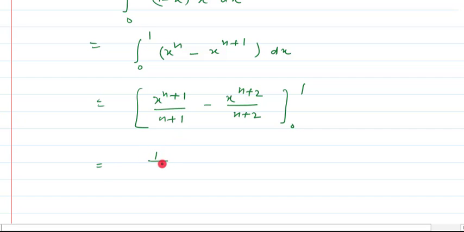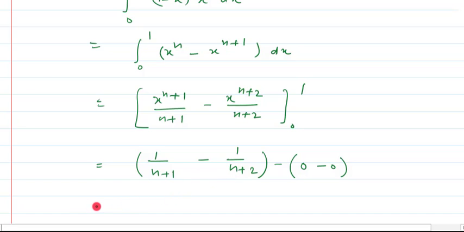So we are left with 1 upon n plus 1 here, and similarly here 1 upon n plus 2. This is upper limit minus lower limit. Using lower limit, it is 0 upon something is 0, and again this is 0. So this is the result which we are having with us.